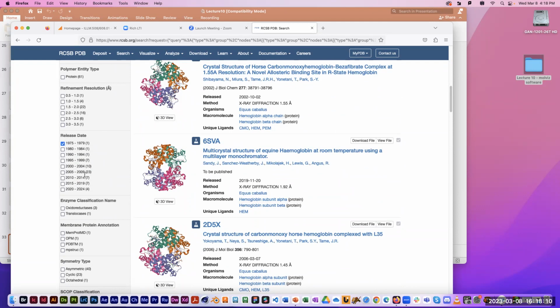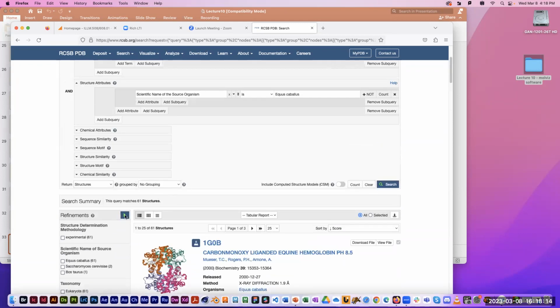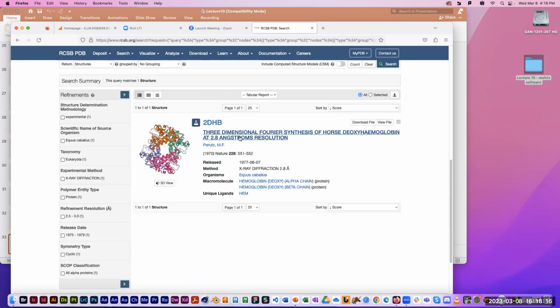Let's say early release date. It says there's only one. 3-dimensional Fourier synthesis of horse deoxyhemoglobin at 2.8 angstroms resolution by Max Perutz. I mean, he actually published this structure in 1960, but it wasn't until 1970 that he actually had a digital version of this to publish.